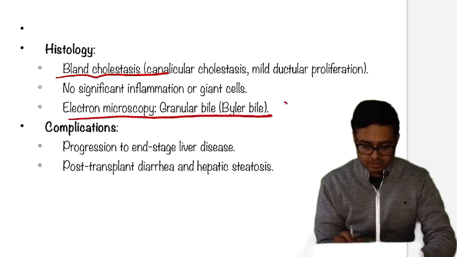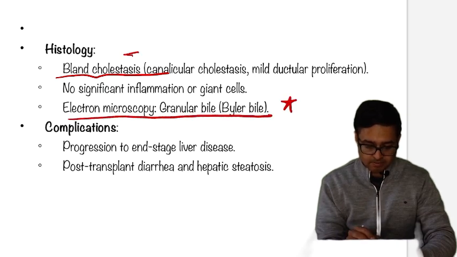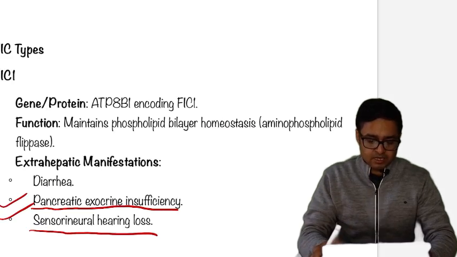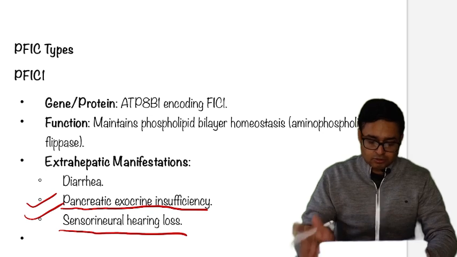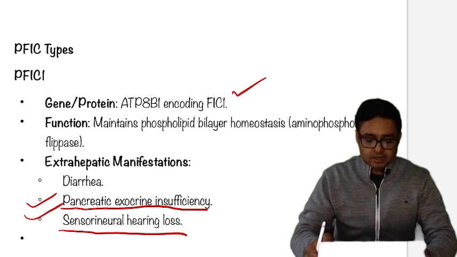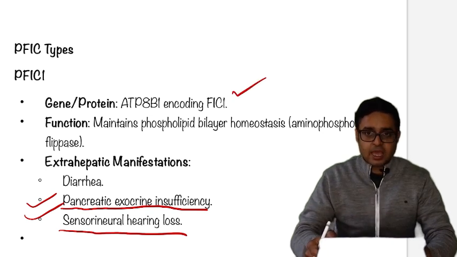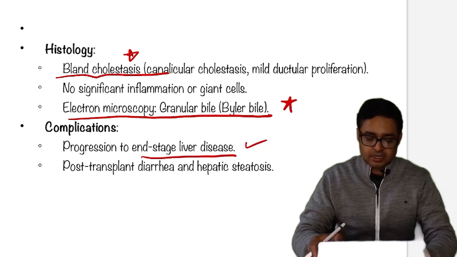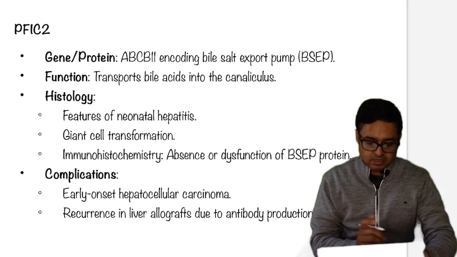This is important, and complications are end stage liver disease, as we know. So in PFIC1, you have to remember the gene, pancreatic exocrine insufficiency, SN hearing loss, bland cholestasis, and electron microscopy showing granular bile and end stage liver disease.